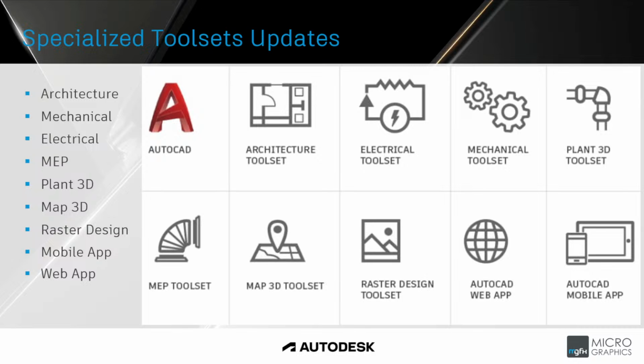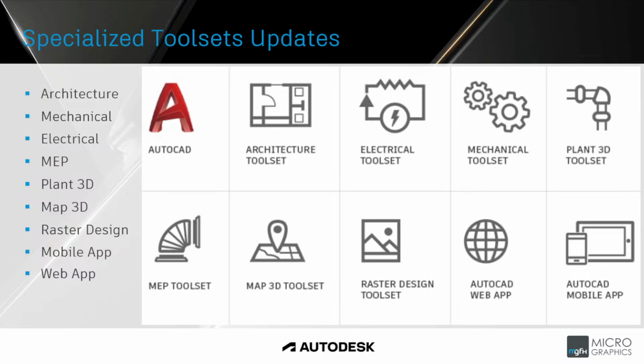The electrical toolset makes use of specialized electrical design features and 65,000 plus intelligent electrical symbols to boost productivity for creating, modifying, and documenting electrical control systems. The MEP toolset uses specialized MEP engineering features and 10,500 plus intelligent mechanical, electrical, and plumbing objects to draft, design, and document building systems.